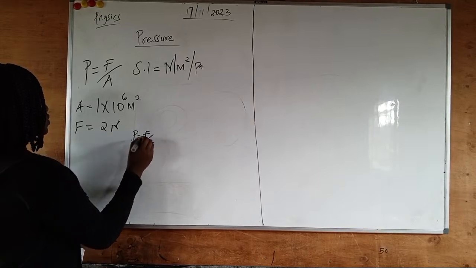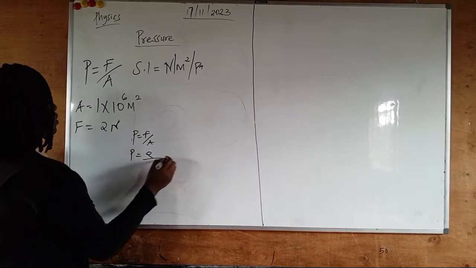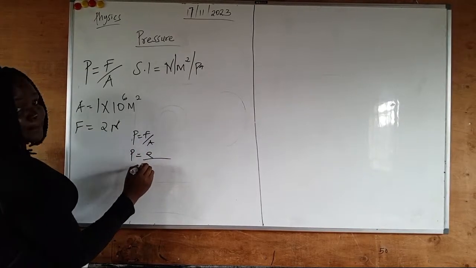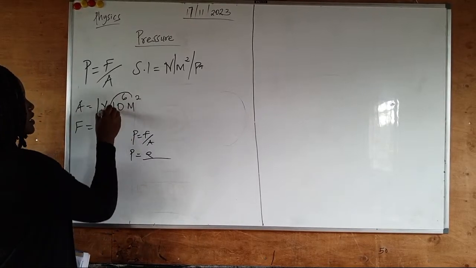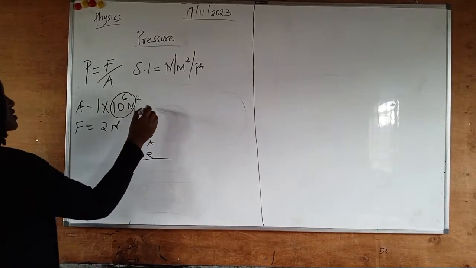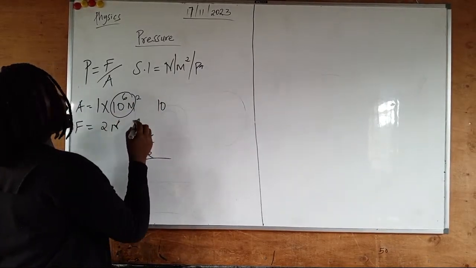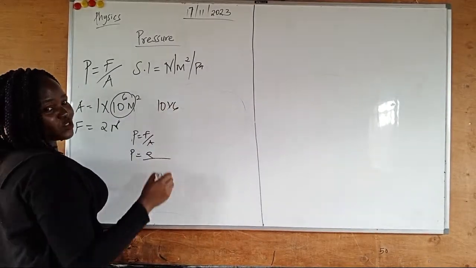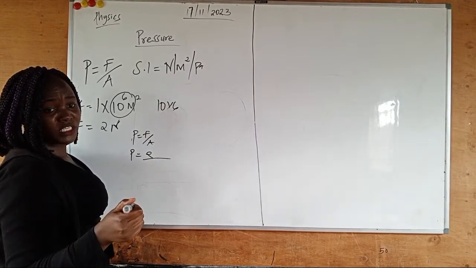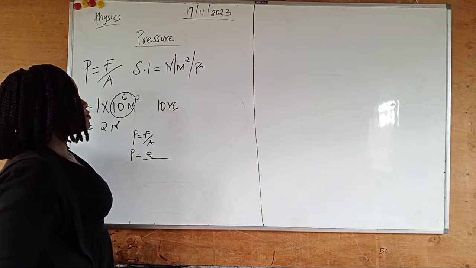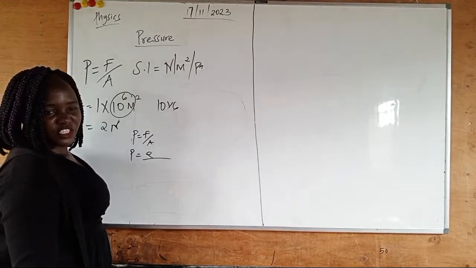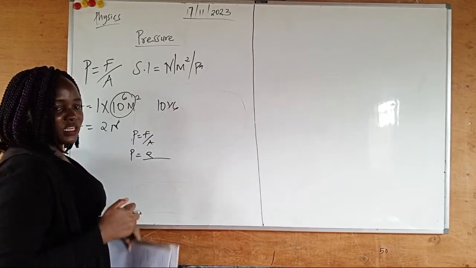So pressure is equals to, what is our force? 2 all over this one, okay? Hii power inamaanisha, this is 10, haimaanisha ati ni 10 times 6. Mnajua kwa nini? Na si mmefanya pressure?